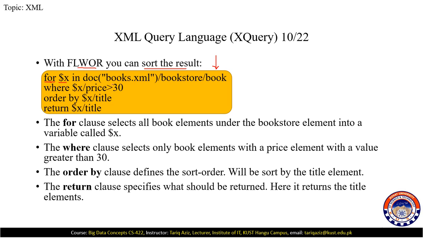So whatever data items are retrieved from this expression, it will store in this variable. Okay, this in expression, as we discussed previously, is retrieving each and every item from this path expression, and then this for clause is selecting or storing all these items into this variable, which is known as dollar sign x.